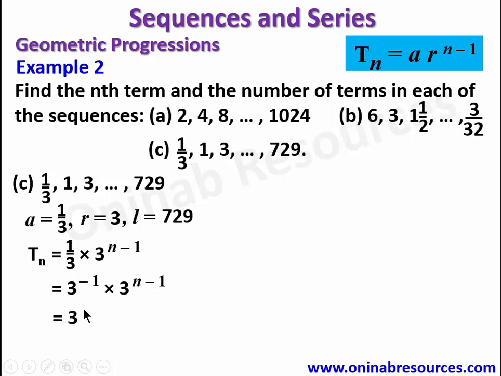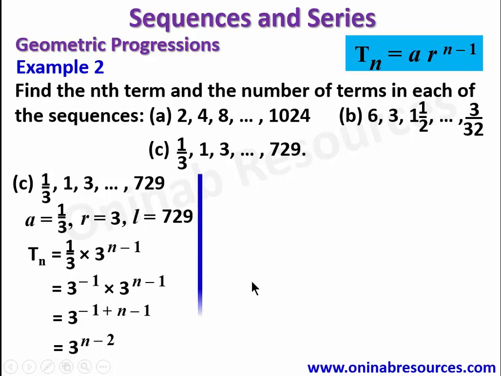So here we have 3 raised to power negative 1 plus n minus 1. Applying law of indices, we have final answer as 3 raised to power n minus 2, since negative 1 plus negative 1 gives negative 2, and we have our n here.